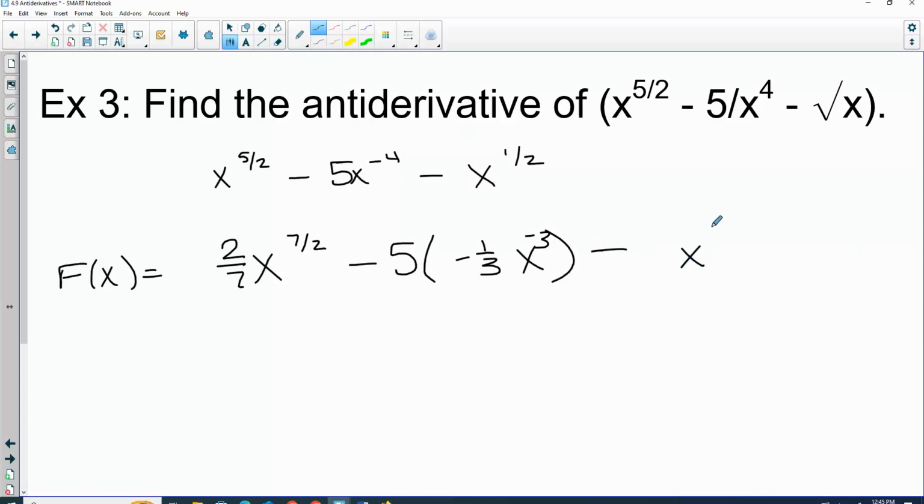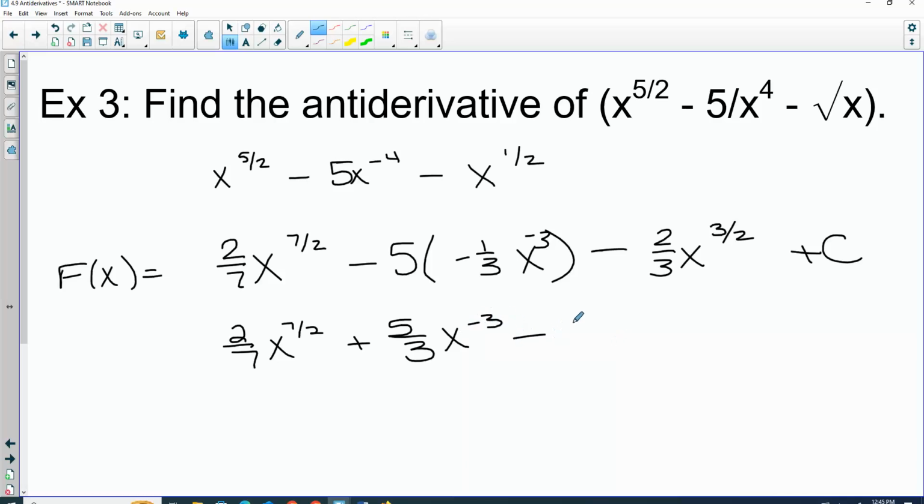Add 1 to my power, so 3 halves, reciprocal in front. And then we do a plus. So we get 2 sevenths x to the 7 halves plus 5 thirds x to the negative 3 minus 2 thirds x to the 3 halves plus c.